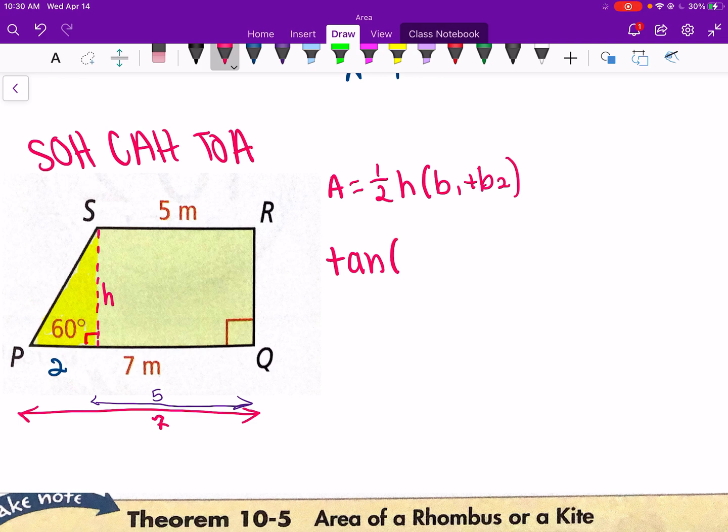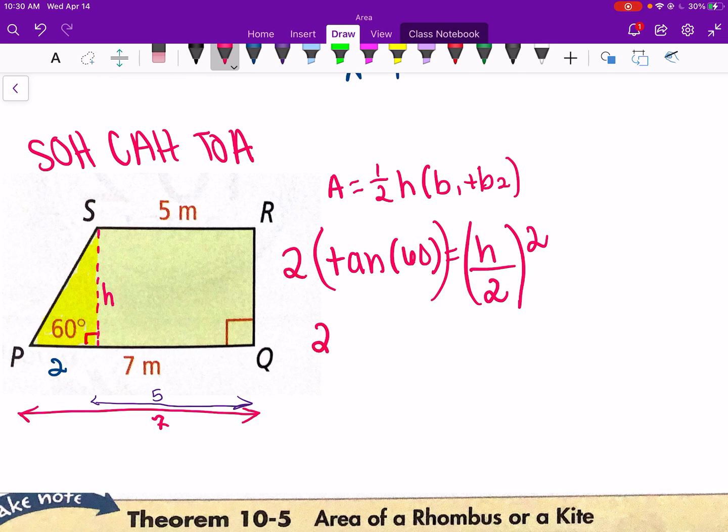So the tangent of 60 degrees, remember tangent is opposite over adjacent, so our opposite side is h, and our adjacent side is 2. To solve for h, all you have to do is multiply both sides by 2. So 2 times the tangent of 60 equals h. And that gives us approximately 3.5. So we now know that our height is about 3.5.